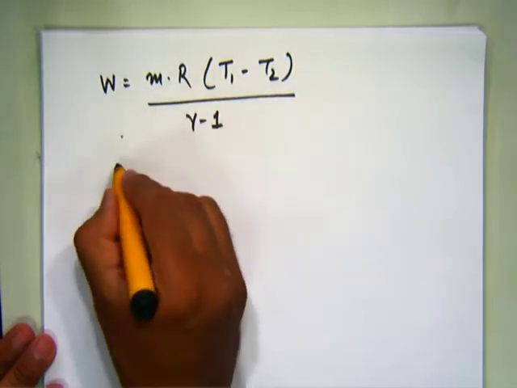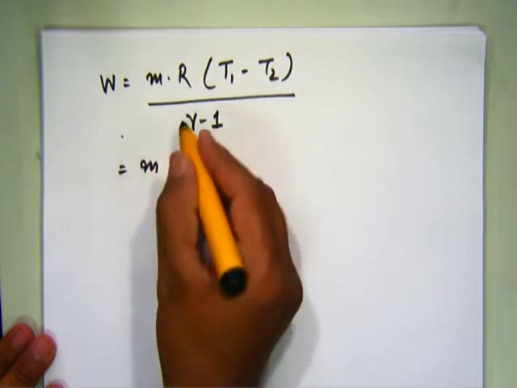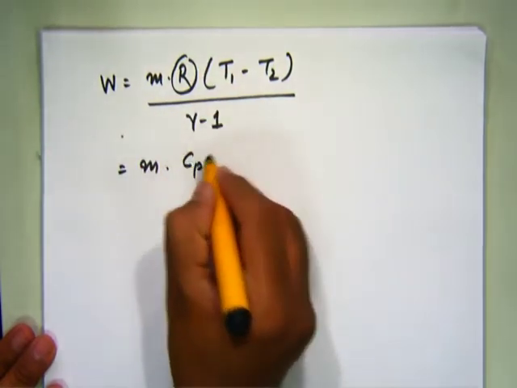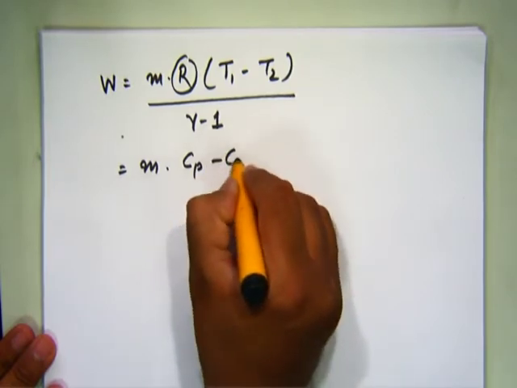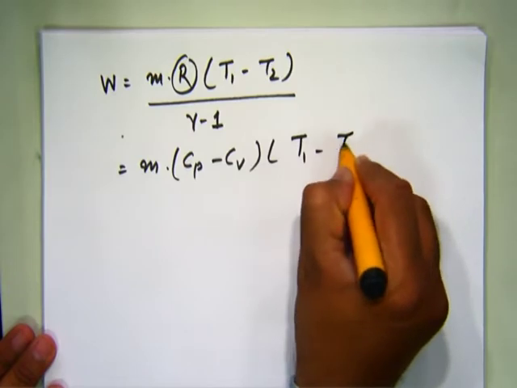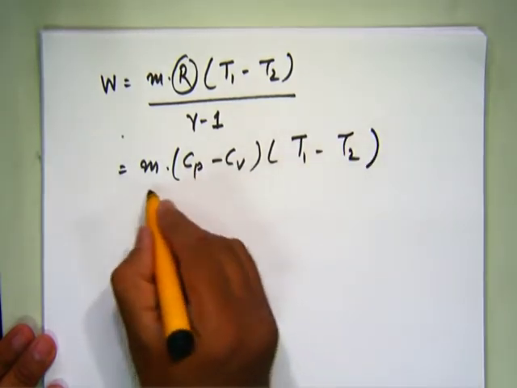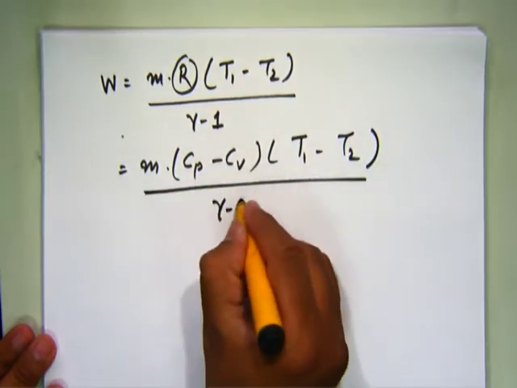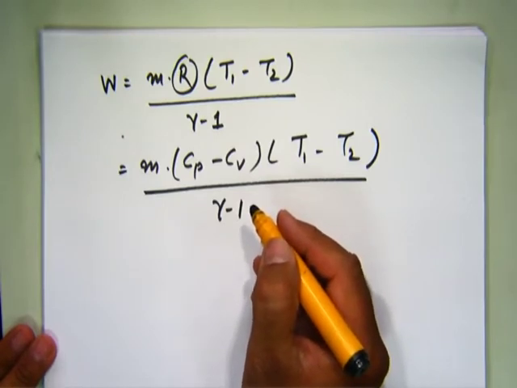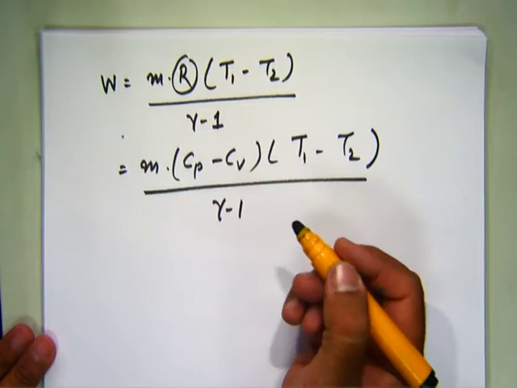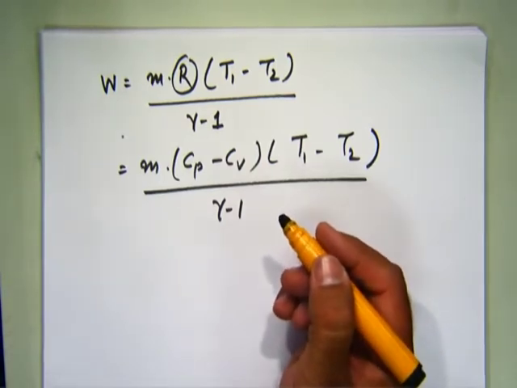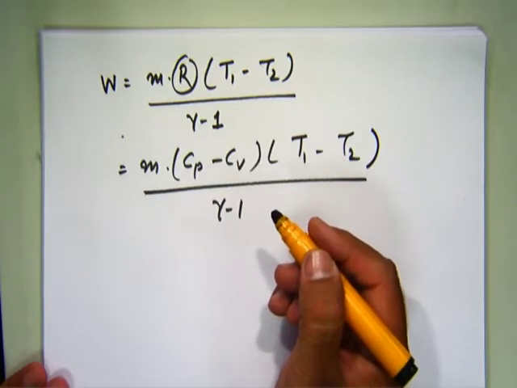What is R? R is nothing but Cp minus Cv. So m into Cp minus Cv into T1 minus T2 upon gamma minus 1. Now Cp by Cv is equal to gamma.